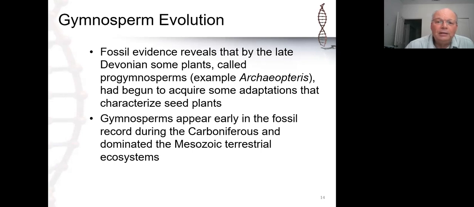And so it is likely that gymnosperms as true seeded plants probably don't emerge until the Cretaceous. We also see the earliest evidence of angiosperms in the late Cretaceous. So the emergence of seed plants as two distinct clades, as gymnosperms and angiosperms, really only takes place in the Cretaceous.